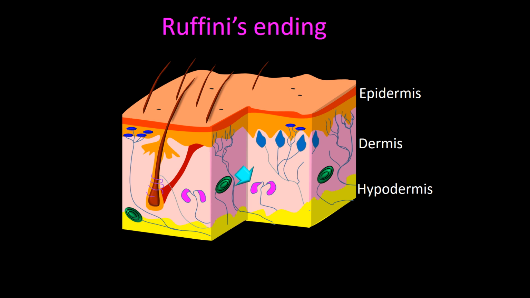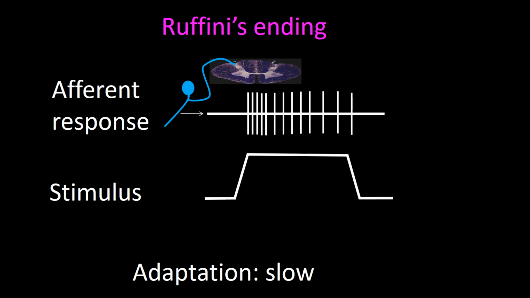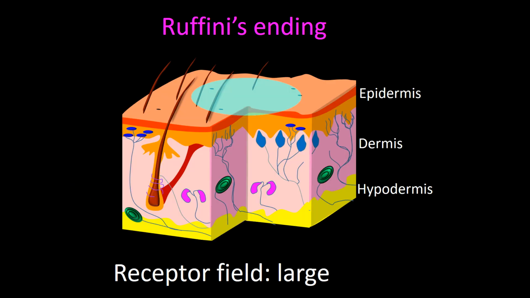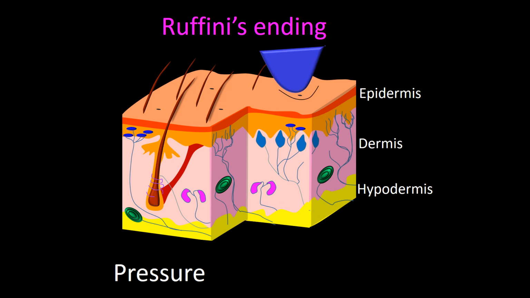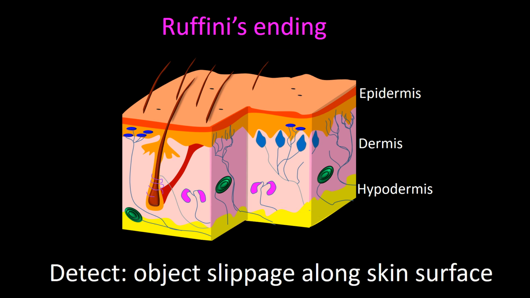Ruffini's endings are present rather deeply in the dermis. Adaptation is slow, receptive fields large. They are supplied by large myelinated fibers. Ruffini's endings respond to pressure and are very sensitive to objects' slippage along the skin surface.